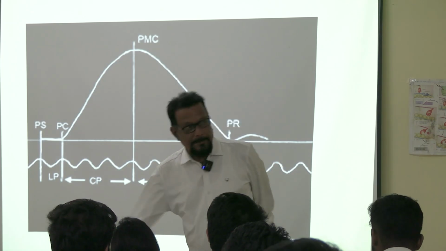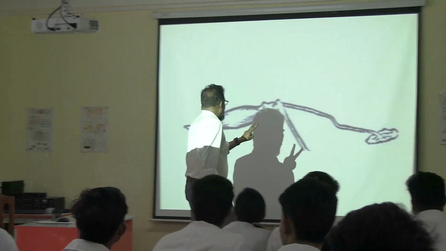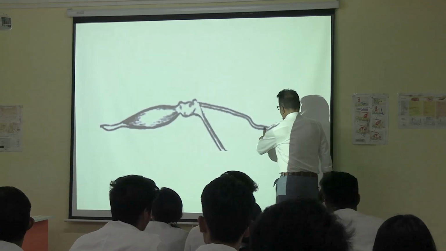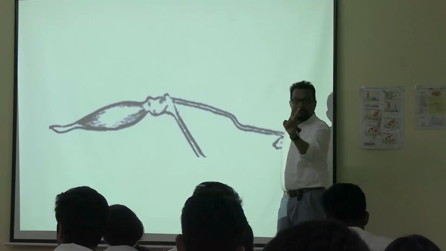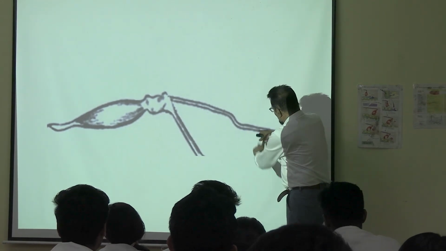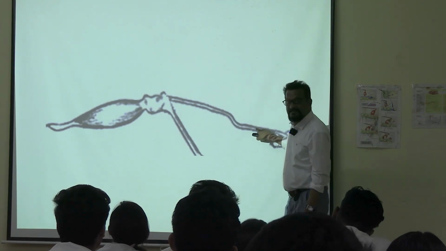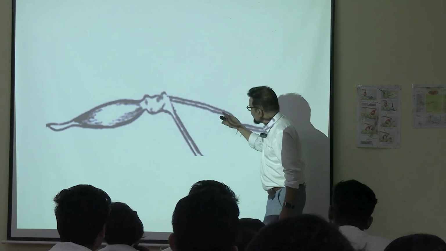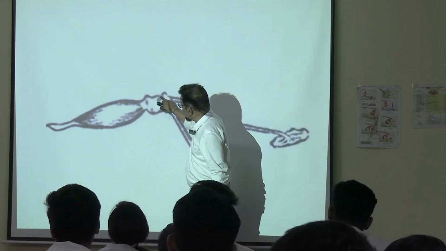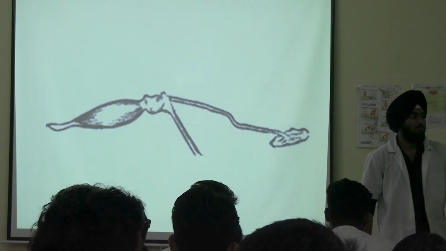Okay. Now I am coming to the latent period, the causes of latent period. Number one, I place the electrode here. In this position, a nerve impulse is generated. Then the nerve impulse starts conducting to the neuromuscular junction.